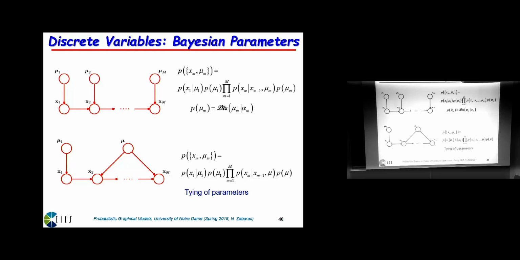So this is the factorization over the graph. The mu_m are the parameters that are needed to define this dynamical model that tells you how to go from xm minus 1 to xm.